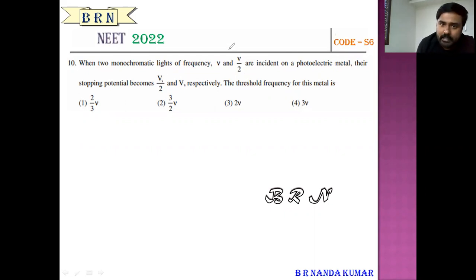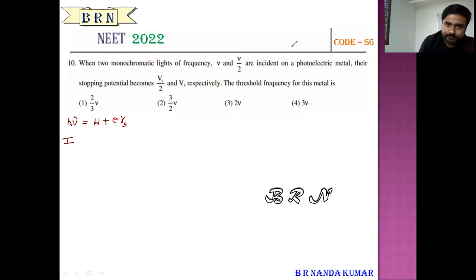So we have to use the photoelectric equation. The photoelectric equation is h nu is equal to work function plus eVs. So we have to use this formula. In the first case, the frequency is given as nu.